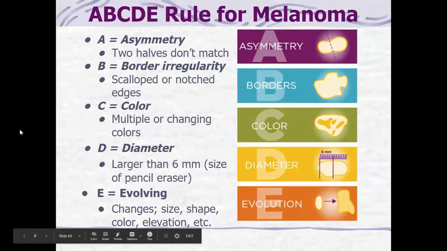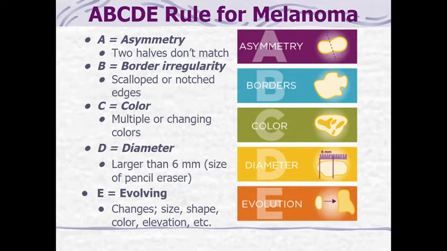Now, going back to melanoma, there is something called the ABCDE rule. So if you have a pigmented area in the skin, these are the things you want to be watching out for. Asymmetry, where if it doesn't match on two sides, that could be a warning sign. Border irregularity.